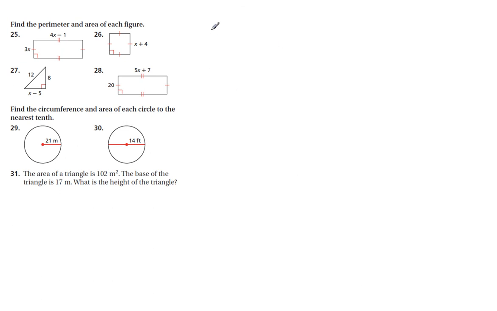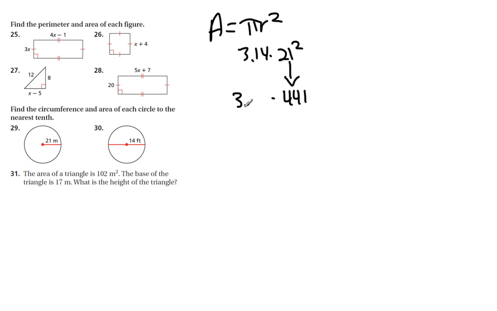Alright. That was the circumference. Area. Pi r squared. So 3.14 times 21 squared. Quick, what's 21 squared? 224. No. Good try, though. What was it? 441. Where's your perfect square chart up to 100? Alright, 441 times 3.14.